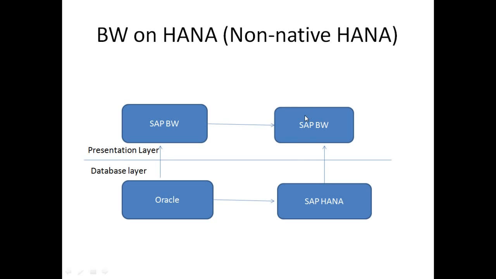So your BW models will all be there, but you're just using the HANA database, which is a much better database than the regular databases, and you connect that HANA to BW, and you still use your BW as well for your modeling and reporting purposes. So this is a small scenario for non-native HANA.